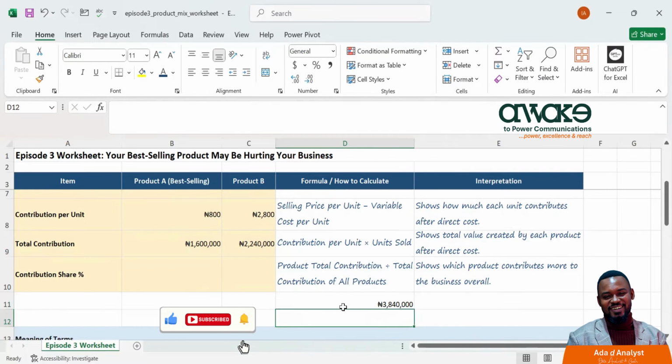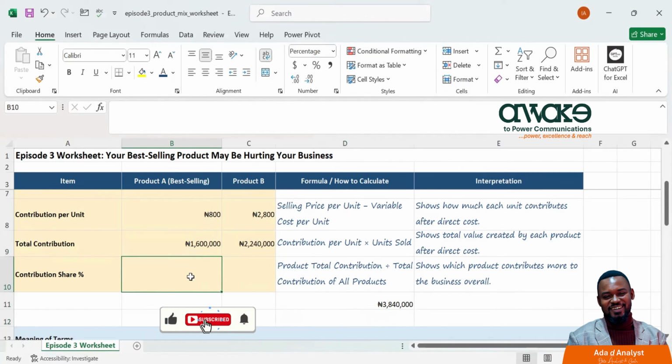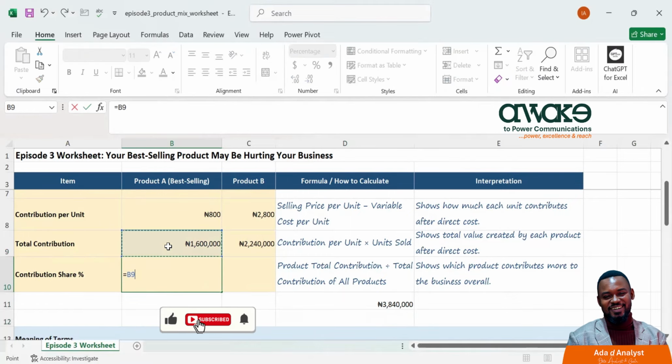With this, we can easily calculate the contribution share. The contribution share is the product's total contribution, which is this contribution here. So we say equals this contribution, and divide by the total contribution of all products, that is, of both products that we are looking at.